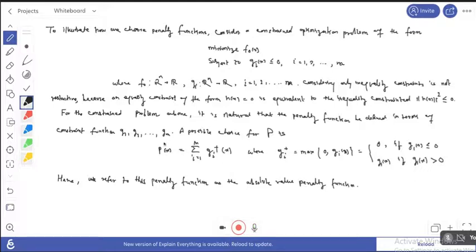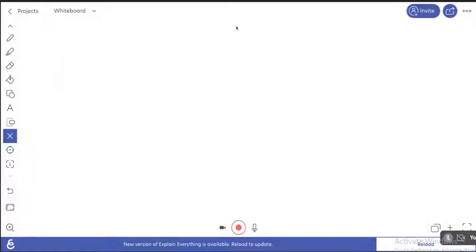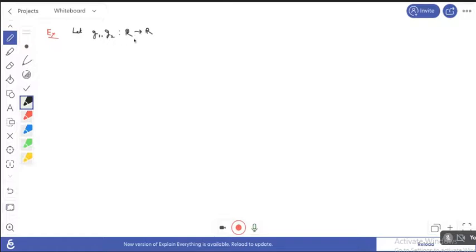Now, on the next page, suppose that g1 and g2 are functions from R to R, defined by g1(x) is x minus 2 and g2(x) is minus of (x plus 1) cubed.